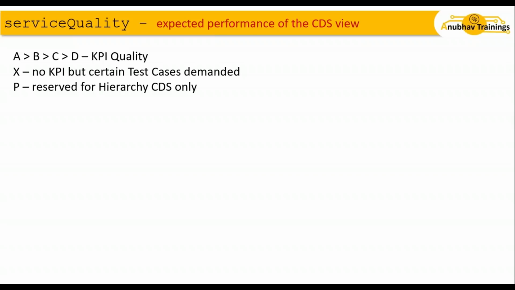A is the highest service quality, D the lowest, and then X and P. X is mainly used for certain KPI-based qualities, when certain types of test cases are demanded. And P type is reserved for hierarchy CDS only. Whenever you're creating a hierarchy CDS, like we did in our ABAP on HANA course, the S/4HANA course, that's where I would probably choose P as the service quality.